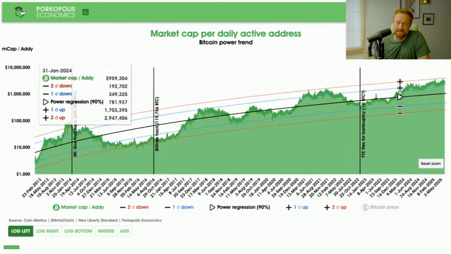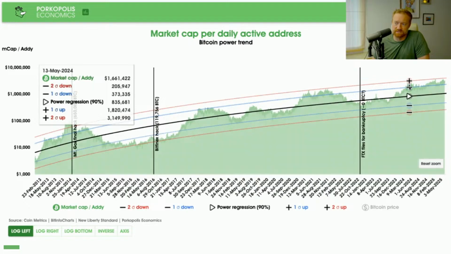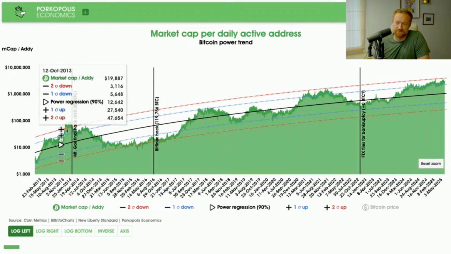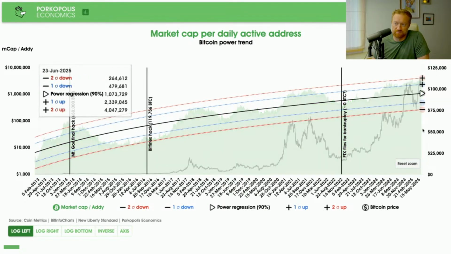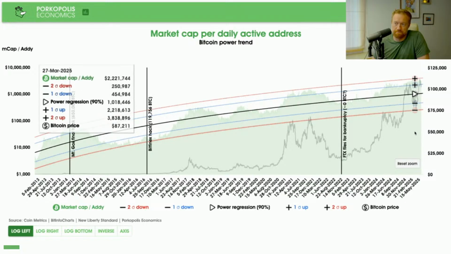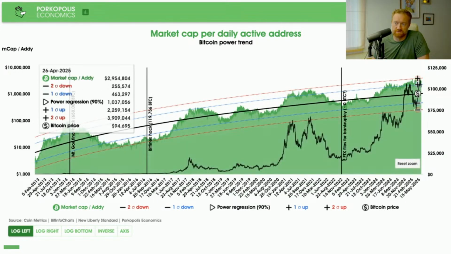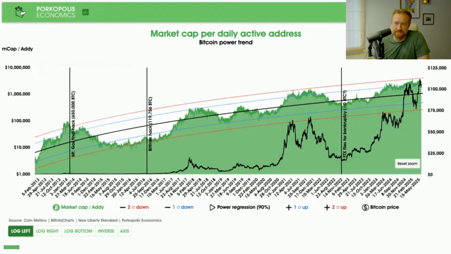It's also possible that whales are just hodling more and not using Bitcoin as much as the early investors would use. But it is interesting that we're getting to a little bit of a topping signal here. If you look at price, obviously this was towards the peaks. This was towards the peaks, and now we're having this nice big run up. So this one looks a little bit rich, but that's not the only way to look at it.